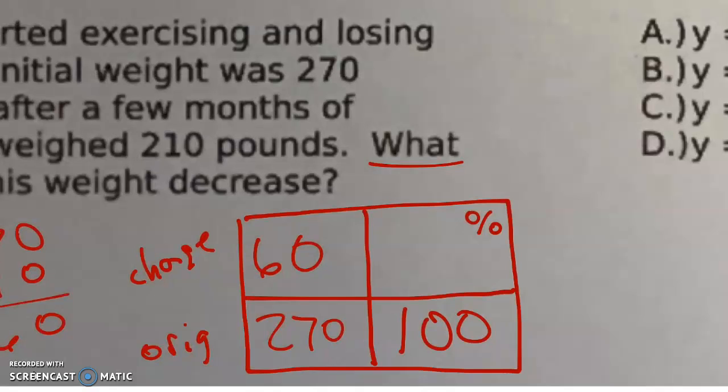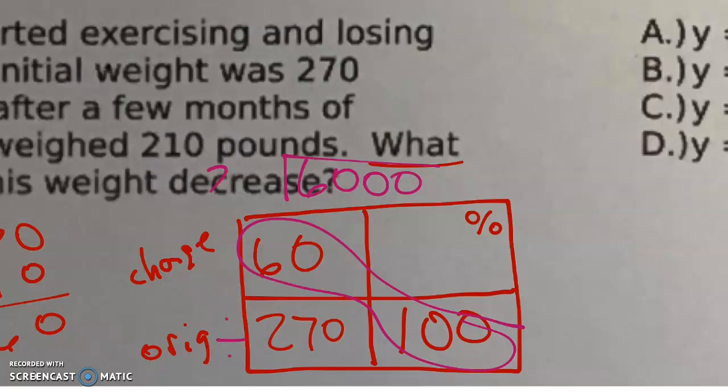So if we can set up the proportion, we know exactly what to do after that. 100 times 60 is 6 with 1, 2, 3 zeros. And then you would just divide by the number left over, which is 270. So 6,000 divided by 270.